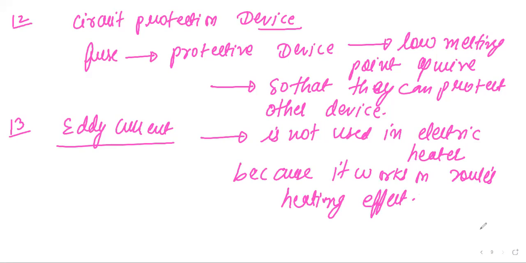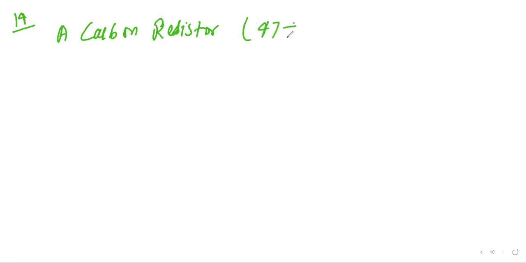So now see the next part, that is question number 14. Question 14 is telling about a carbon resistor. The value is given, that is 47 plus or minus 4.7 kilo ohm, right?